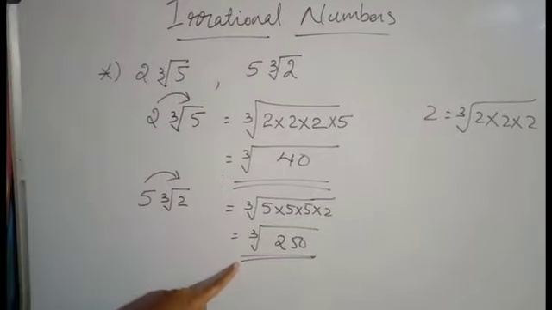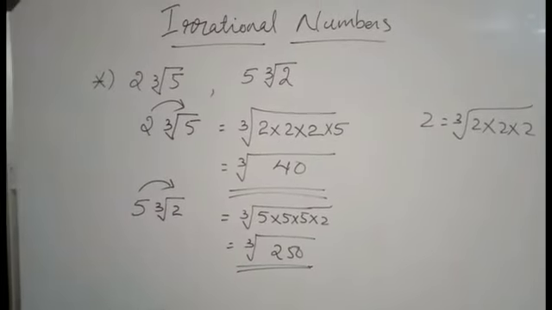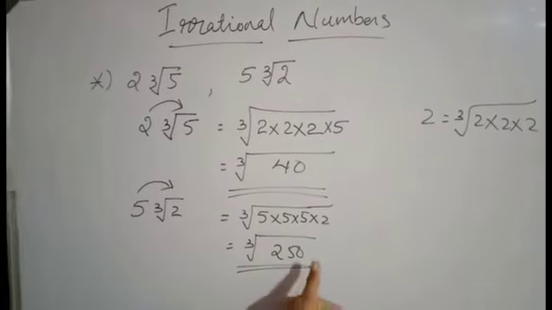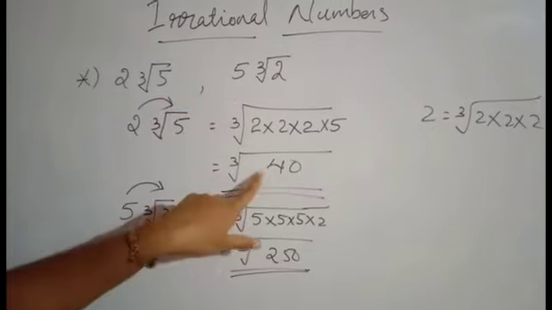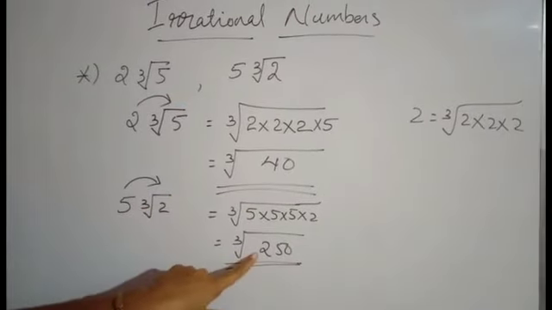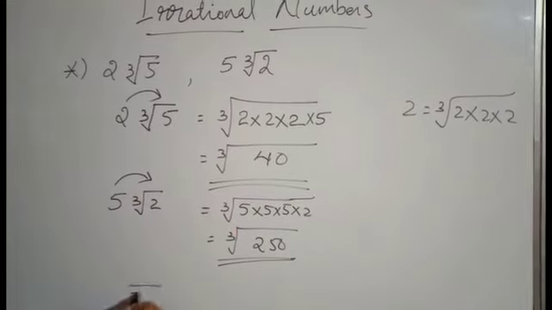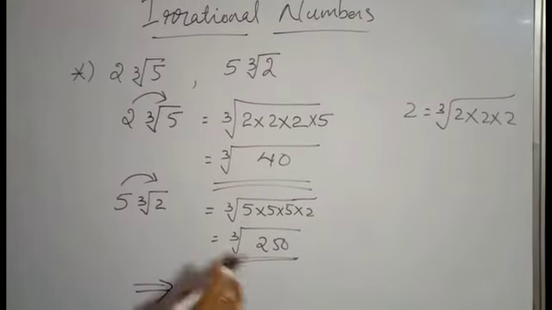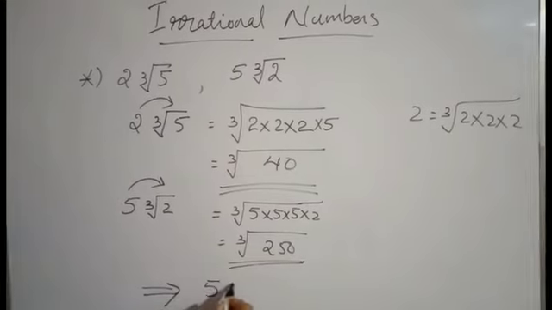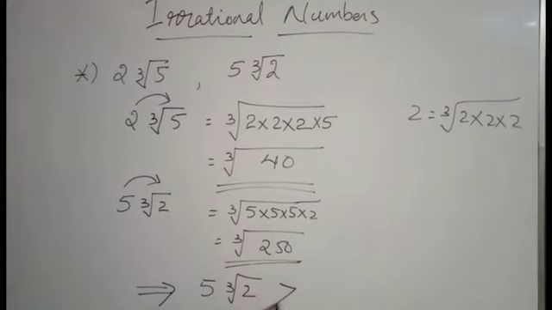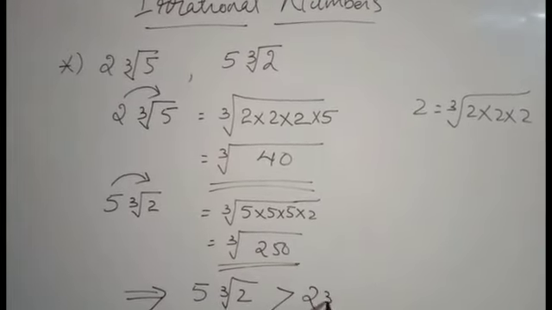Since both the numbers were in the cube root, it was easy for us to find, because 250 is greater than 40. Therefore, we can say that cube root of 250 is greater than cube root of 40. That means cube root of 250, that is 5 cube root of 2, is greater than 2 cube root of 5.